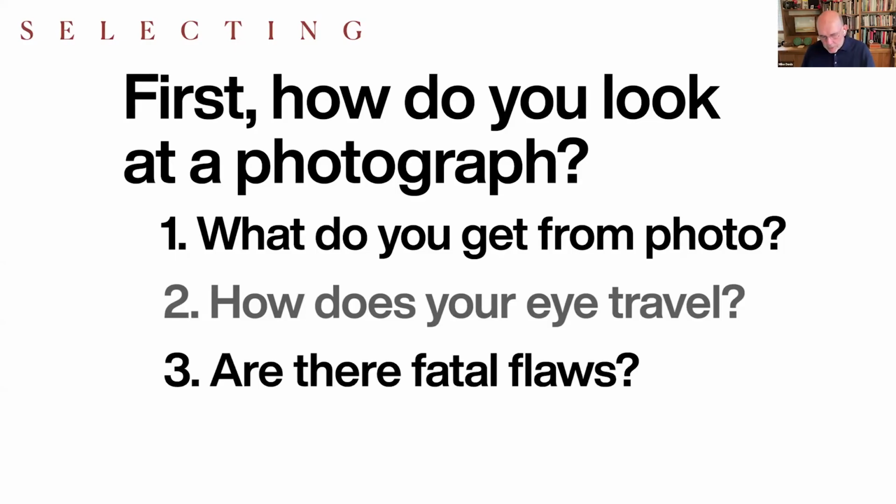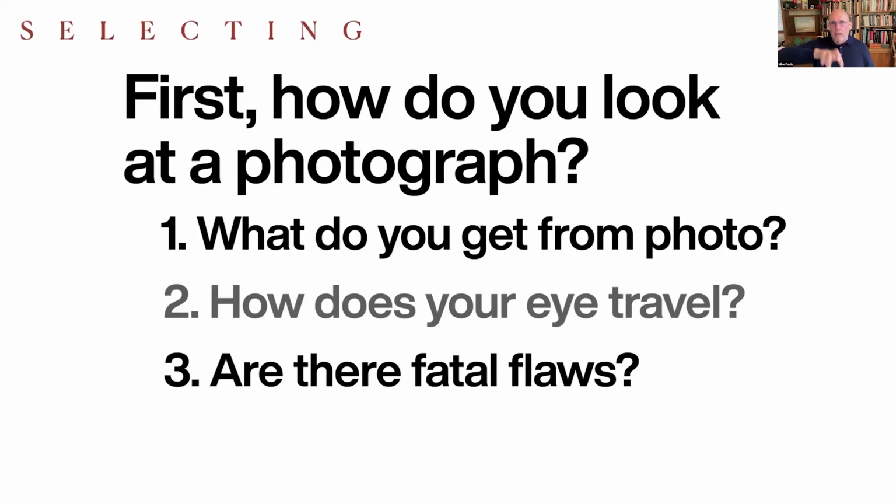And then ask yourself if there are fatal flaws. So obviously technical things can be a fatal flaw, like the exposure is bad, the shutter speed was too slow and everything's blurry, stuff like that. But if the quality of light just doesn't match what I think the setting was about, then that's a fatal flaw.